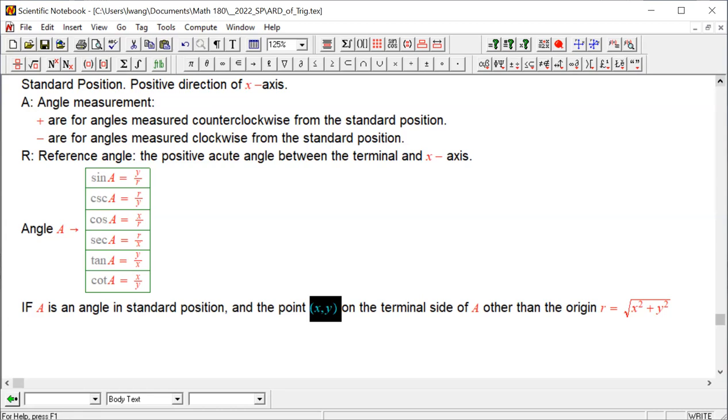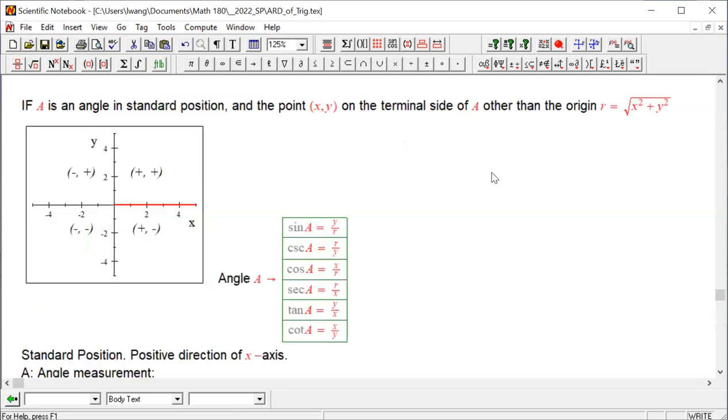Some of you who have some prior knowledge about trigonometry probably know about the unit circle. Then the question is, why the unit circle? We know the unit circle has a radius equal to 1. Why don't we use a circle with radius 2, radius 10, radius 5 in this example?